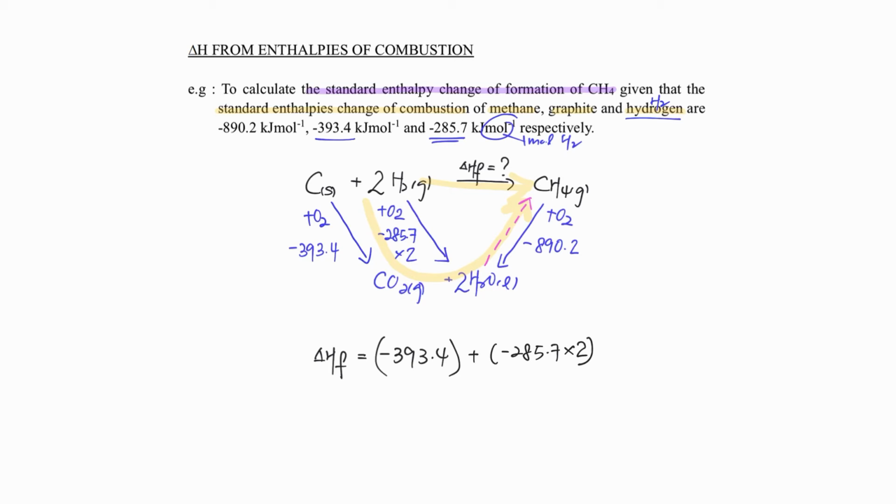Next, we have to reverse this arrow, so by reversing this arrow, we have to change the sign to a positive. So it plus positive 890.2. With this calculation, we can get delta HF. The value that we get for this delta HF is negative 58 kilojoules per mole.